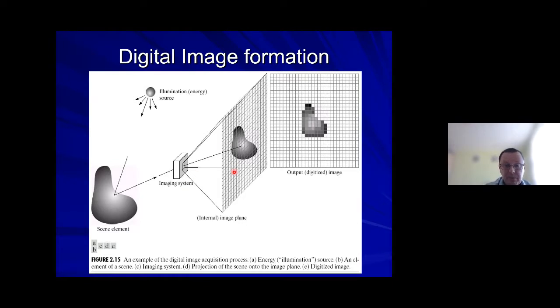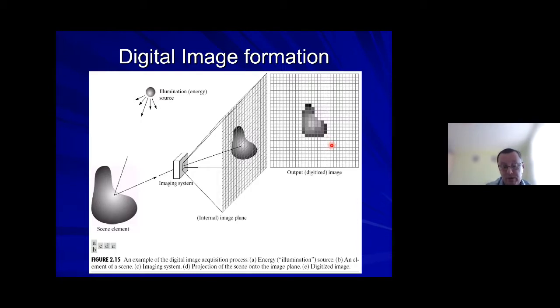The energy is focused onto the internal image plane, and the reflected light falls onto the sensor array and is registered by the sensors.